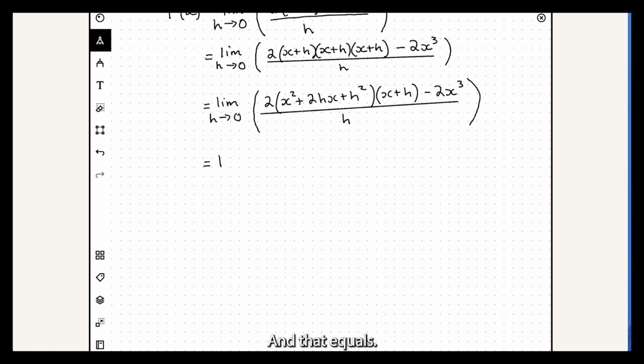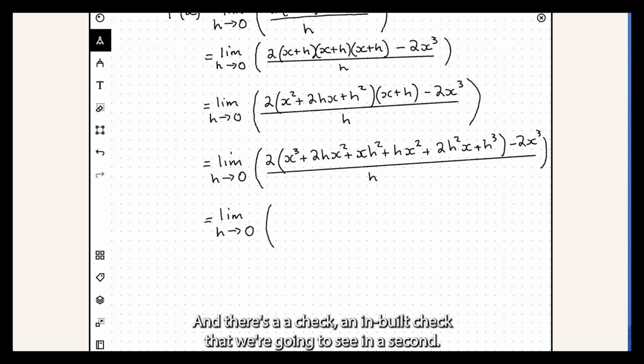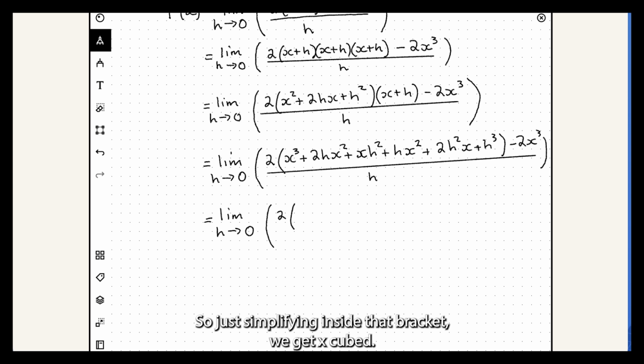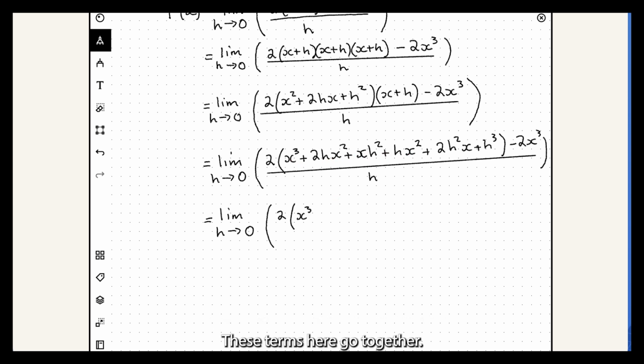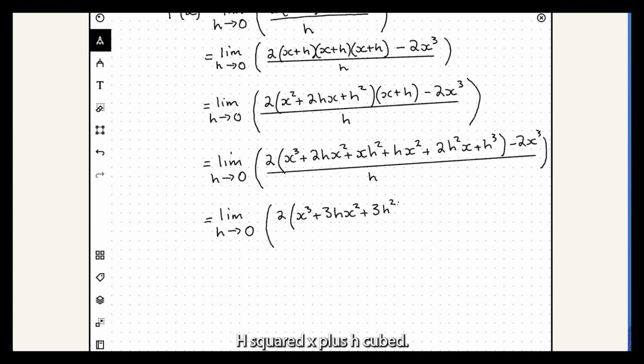Notice that I'm taking my time to multiply out each term. I don't want to make a mistake here, and there's an inbuilt check that we're going to see in a second. So just simplifying inside that bracket, we get x cubed. These terms here go together, so we have plus 3h x squared, and these two terms here go together, we get 3h squared x plus h cubed.